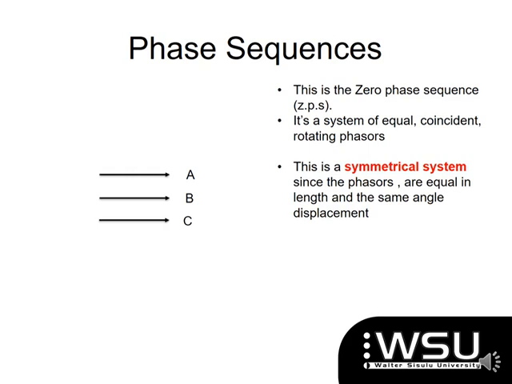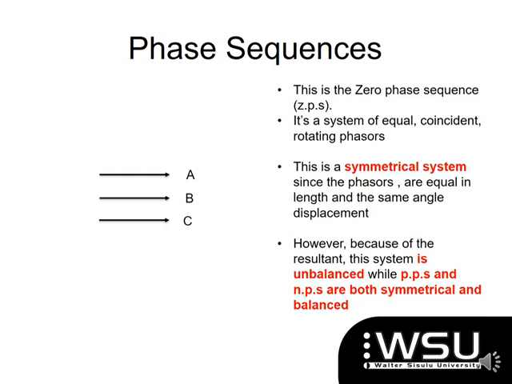This is a symmetrical system as well, since your phasors are equal in length with the same angle displacement across all three of them. However, because the resultant is not zero, this makes the zero phase sequence an unbalanced one, unlike the negative and positive, which are symmetrical and balanced.